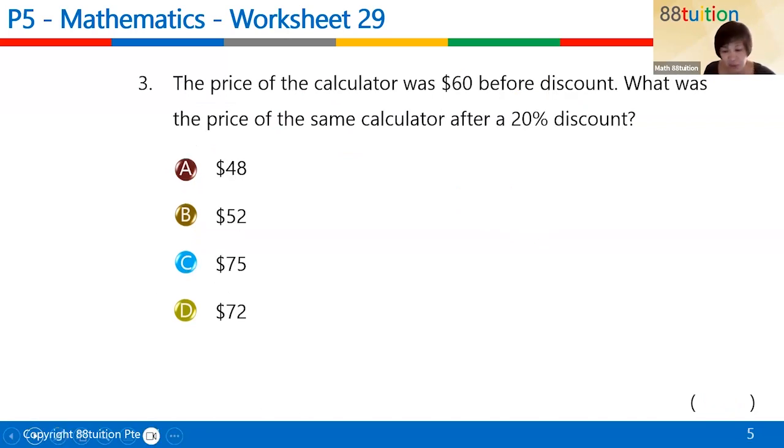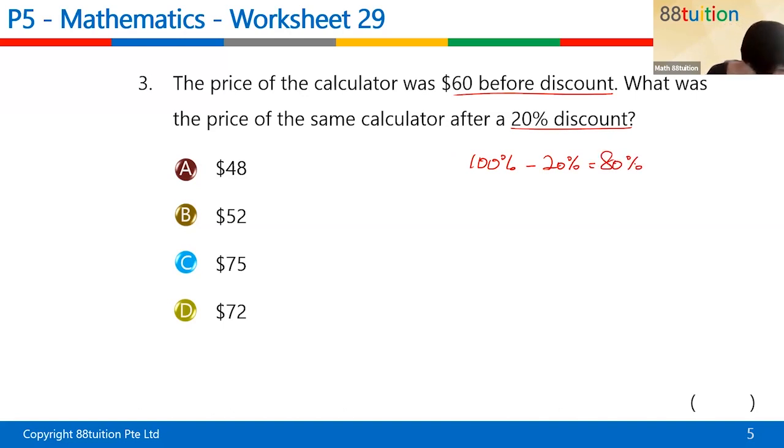The price of a calculator was $60 before discount, and then the discount was 20%. So what will be the price if there's a 20% discount? So 20% means you do not have to pay the 20%, you just need to pay the 80%.